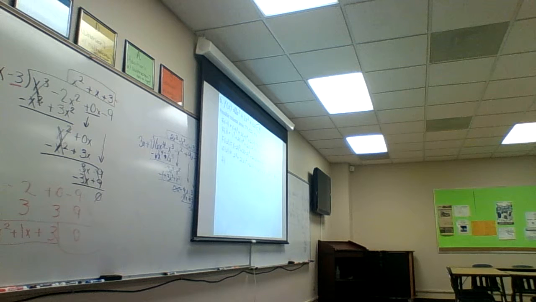Now test f of negative 4 by substituting negative 4 in for x in f to get f of negative 4 equals negative 4 cubed plus 2 times negative 4 squared plus 6 times negative 4 minus 4, which equals negative 60. Because f of negative 4 does not equal 0, you know that negative 4 is not a zero of f.